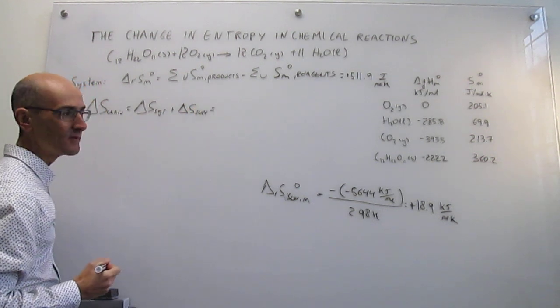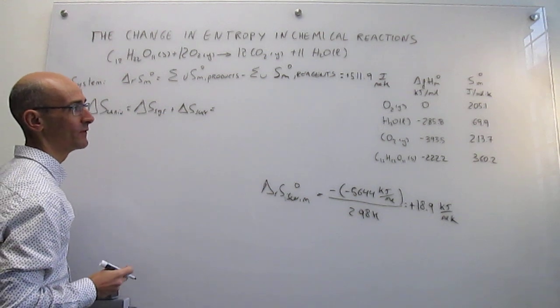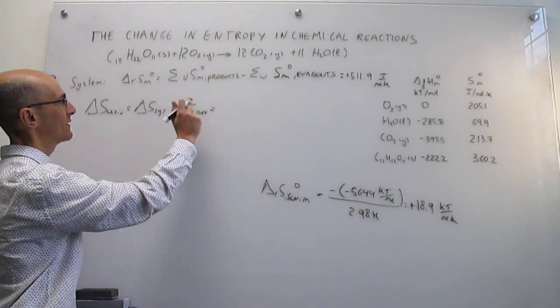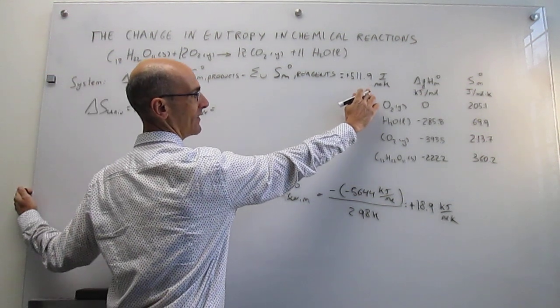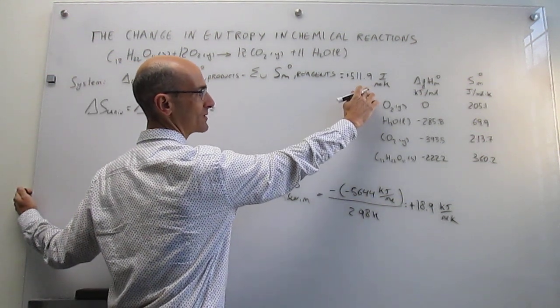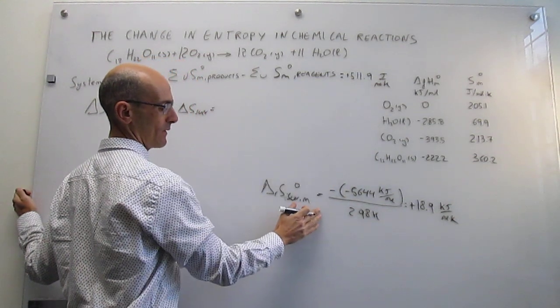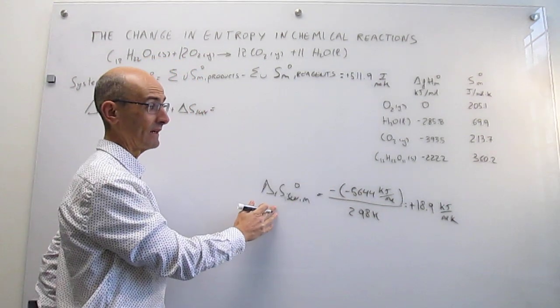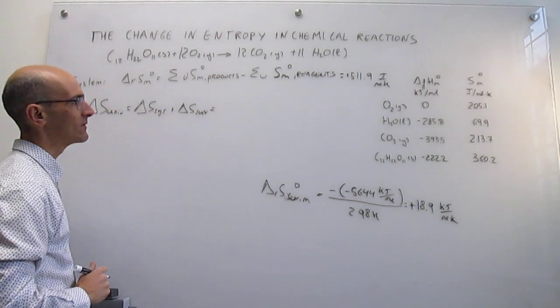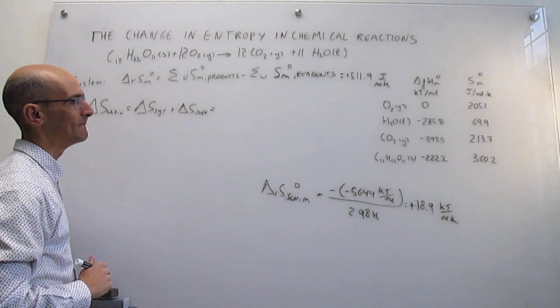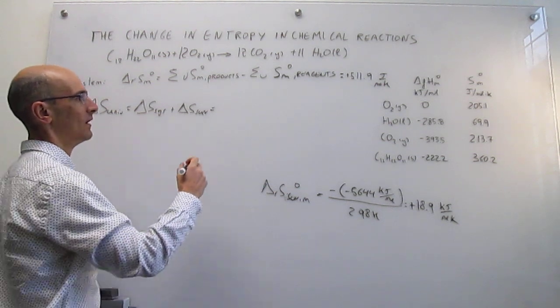Now notice that there's a difference in the units that we're using for these two quantities. For the change in entropy in the system, the number that we were getting was joules per mole Kelvin, but the change in entropy in the surroundings we just calculated is kilojoules per mole Kelvin. So make sure that those units are equal.